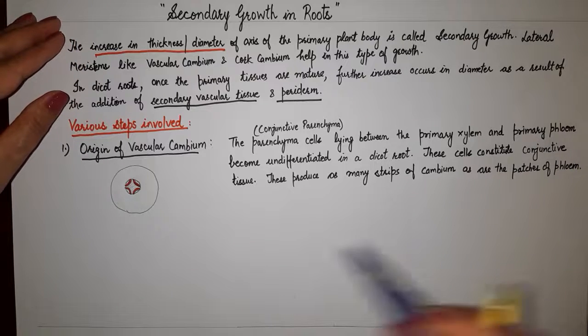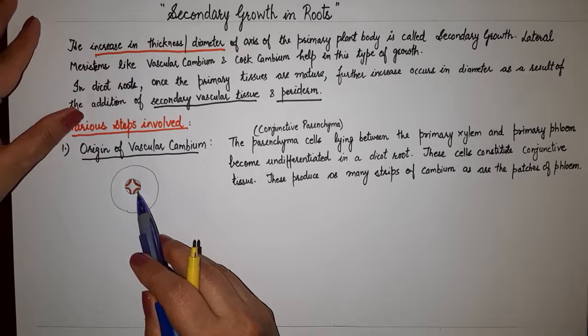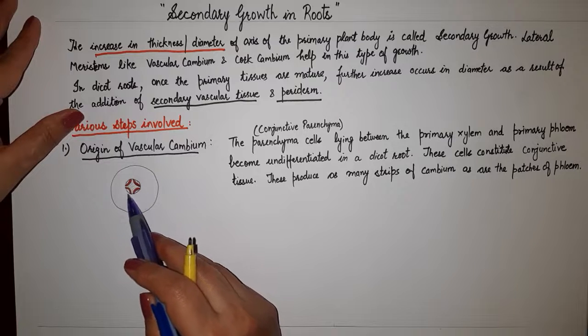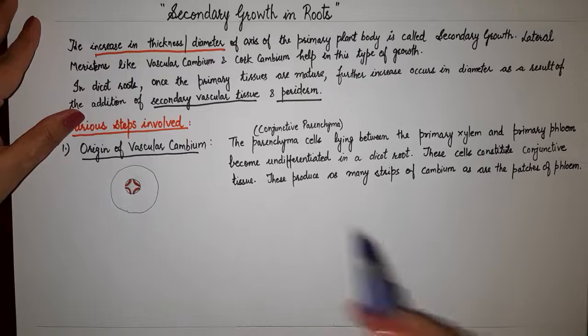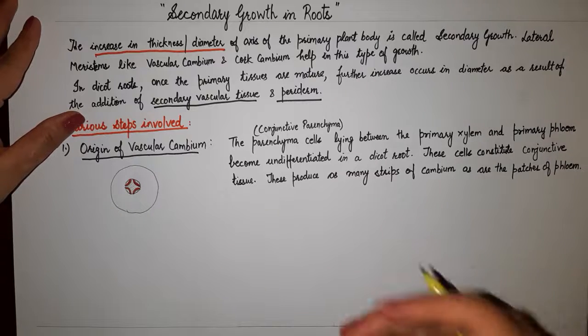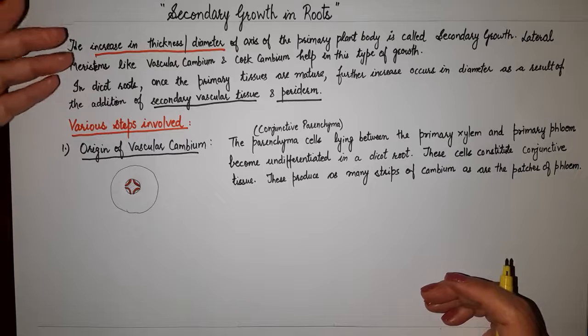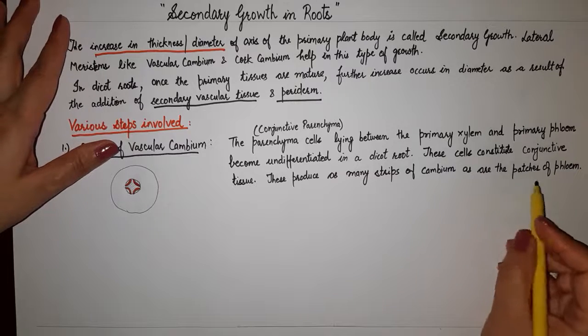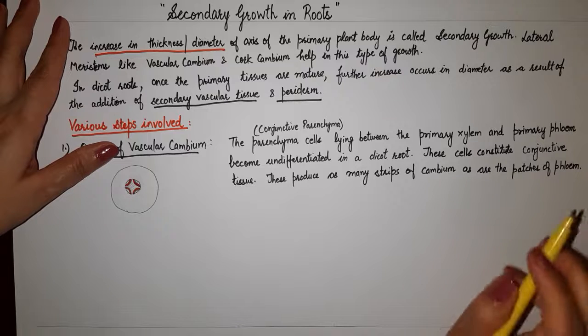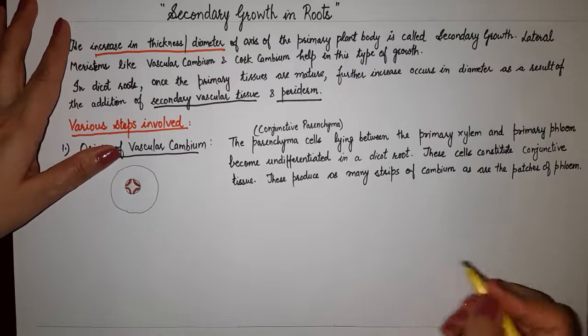Okay, because let us see, this is a tetra-arc dicot root. So there are 4 patches of phloem. So accordingly 4 strips of cambia will develop. If it is a diarc condition, that means 2 patches of phloem, so 2 strips of cambia would develop. So it is directly as per the number of patches of phloem available in the bundle.